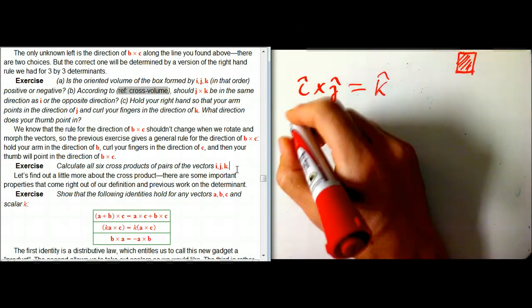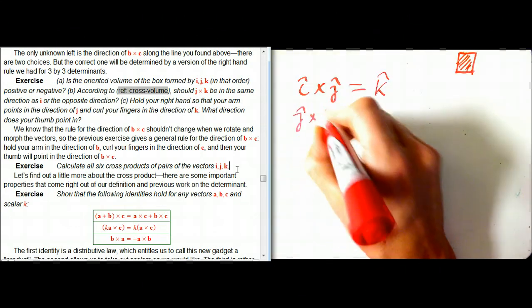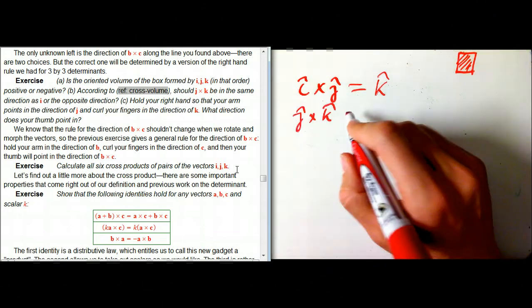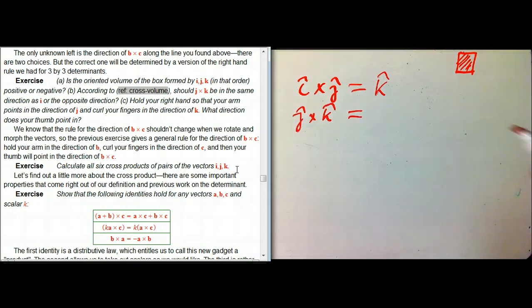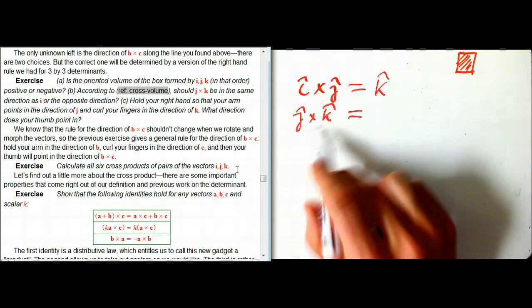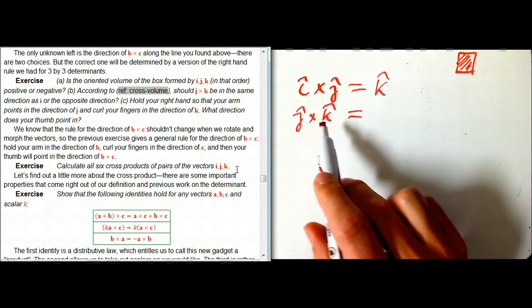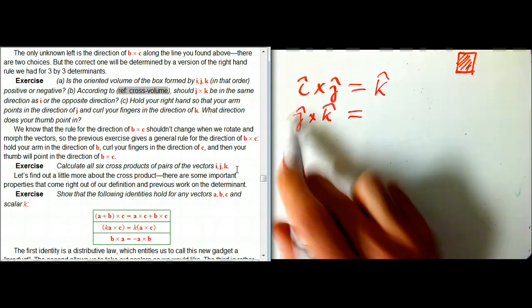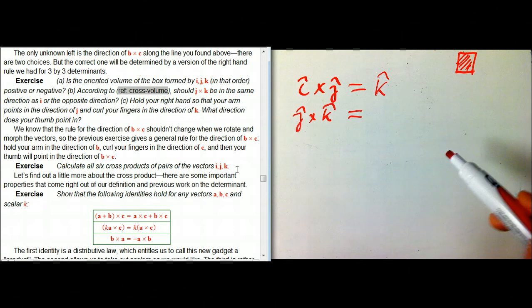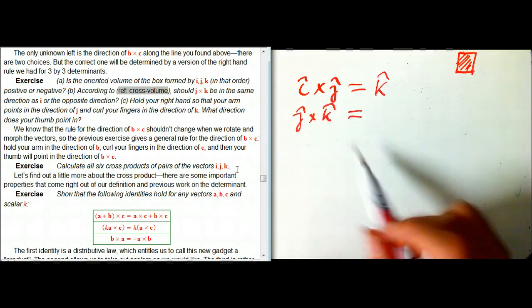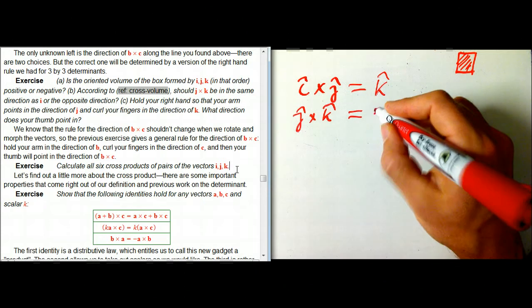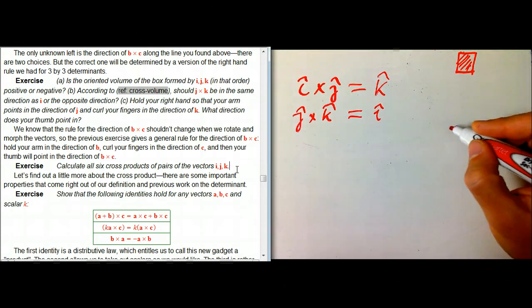Similarly, j cross k has to be either plus or minus i, because those are the only two unit vectors, because remember, this forms a unit square, just like the ij square. It's got to be a unit vector that's perpendicular to j and k, so it's got to be plus or minus i. If you work it out, let's draw the picture.